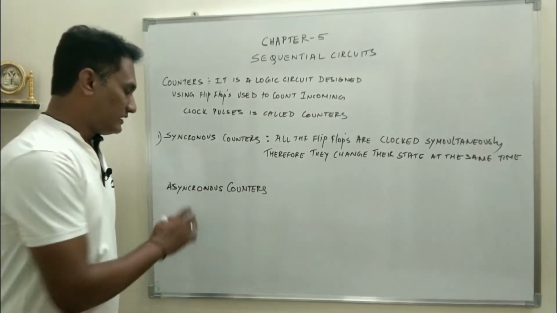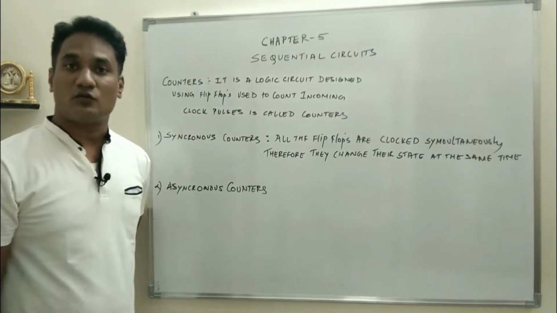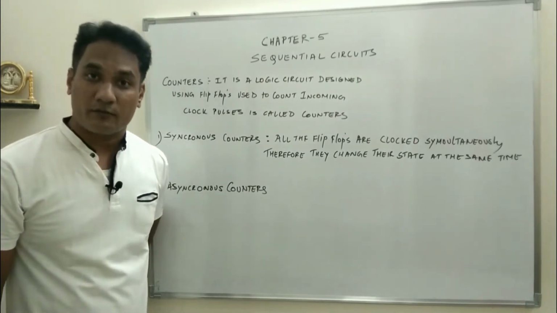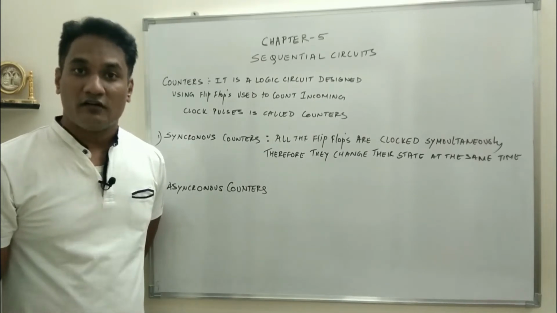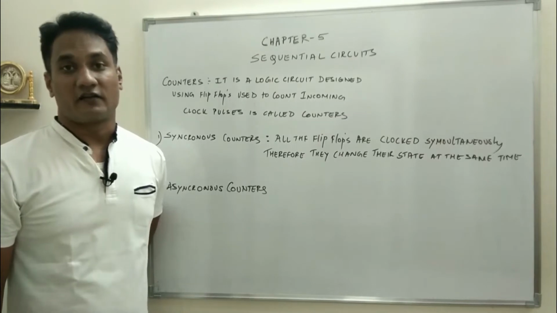So now you can easily understand the second type, which is the asynchronous counter. If a different clock pulse is applied to the flip-flops, of course they will change their output at different intervals of time.